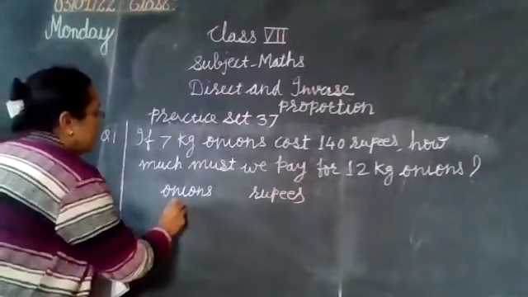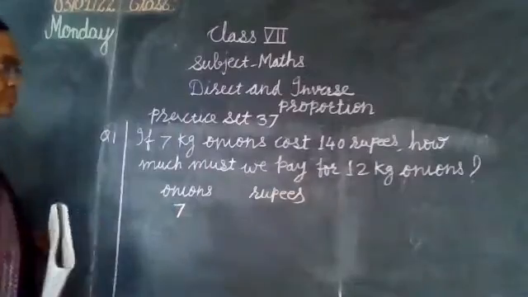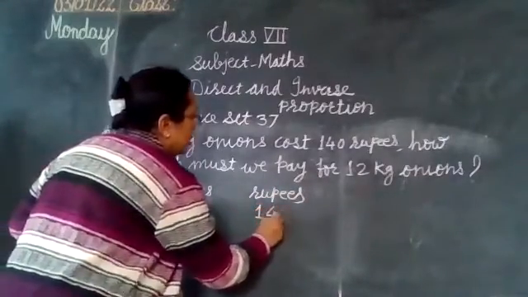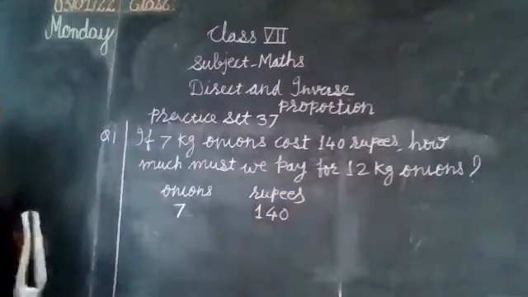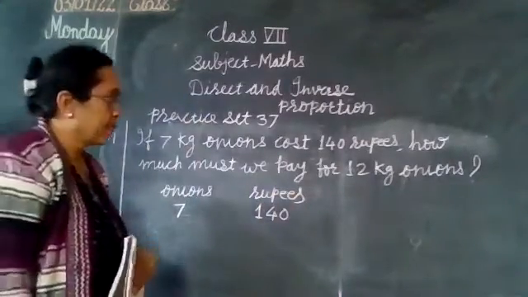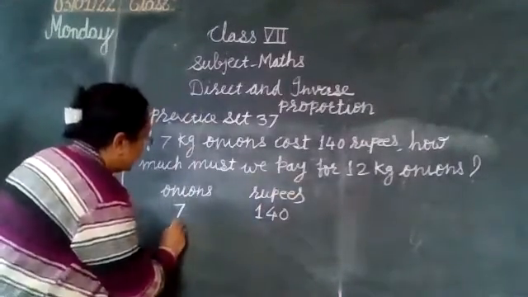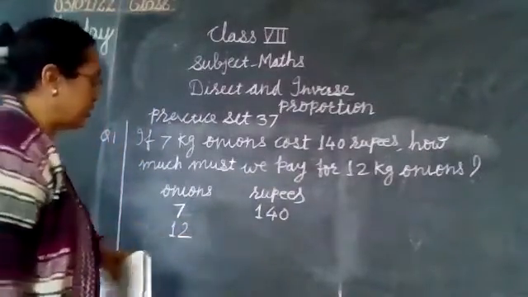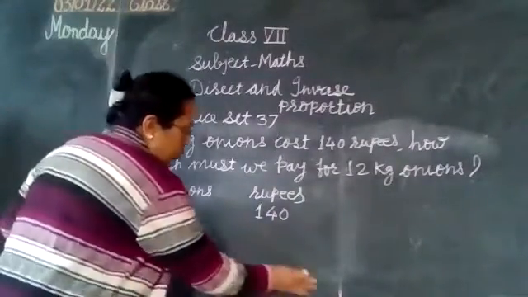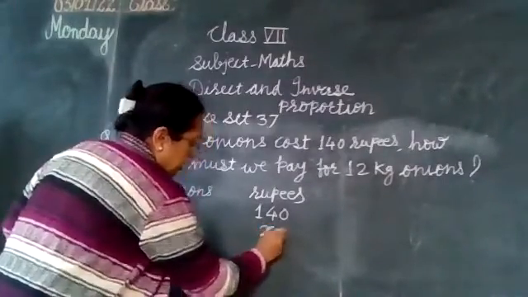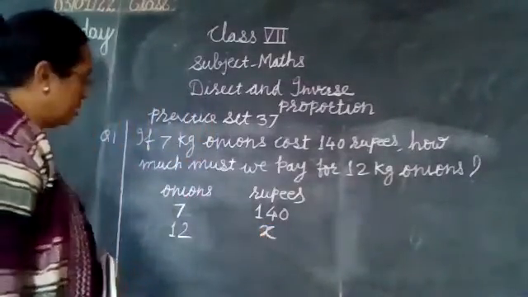First, it was 7 kg and the cost we were paying was 140 rupees. Now our question is for 12 kg, where the quantity of onions is increased. We have to find out its cost in rupees. So let us take it as X.